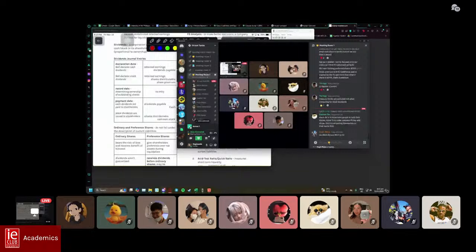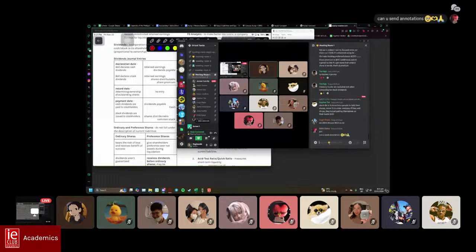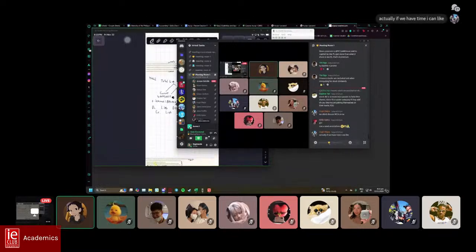Anyway, we appear to be all done. Hey, Nikki Opina is typing. Let's go, Nikki Opina. Oh, okay. Na-pressure ka ba? Can I send annotations? Like this one, yung the one I did. You want to see this? Medyo messy, but okay, pwede rin naman.